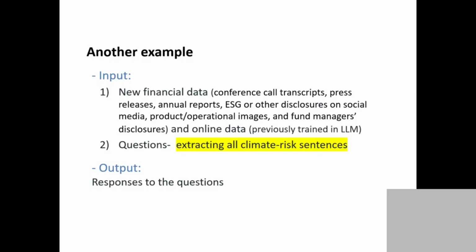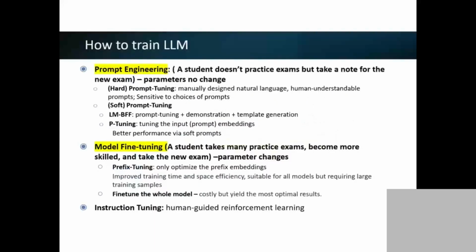You ask GPT to tell which sentences are climate related and which are non-climate related. It's a very easy task, right? You give GPT 10 sentences, and it tells you which ones are climate related and which are not. So this is the setting, a very straightforward example. Then, how can you get GPT to give the answer you want?